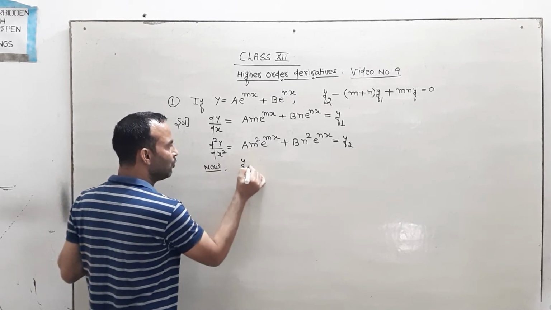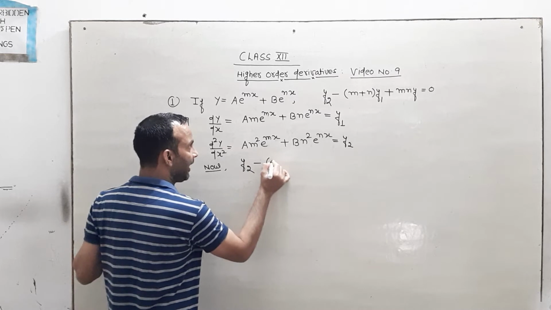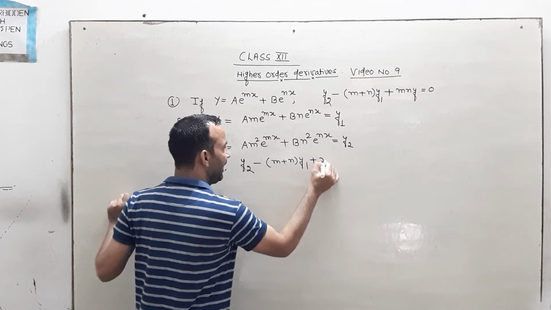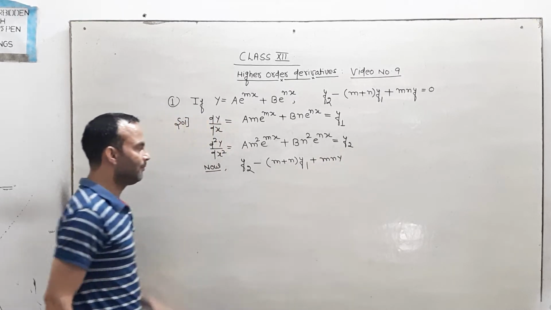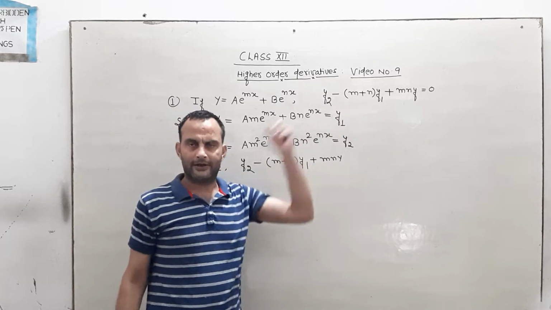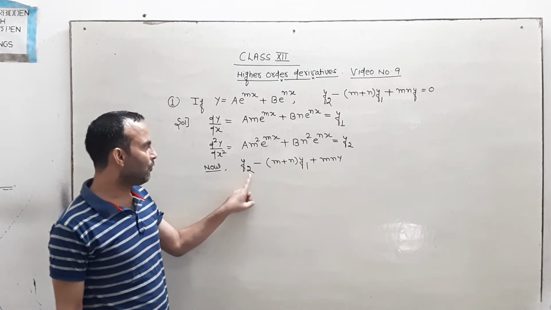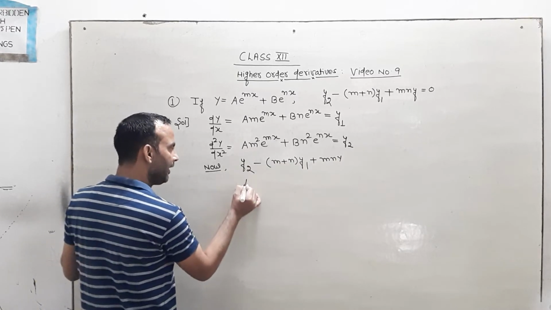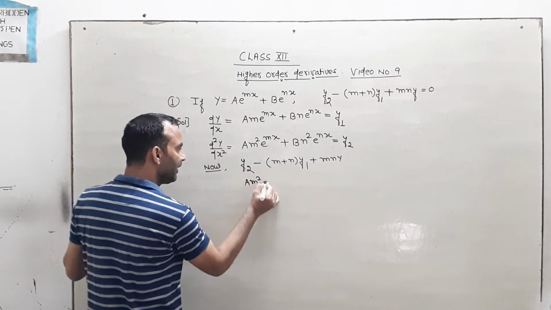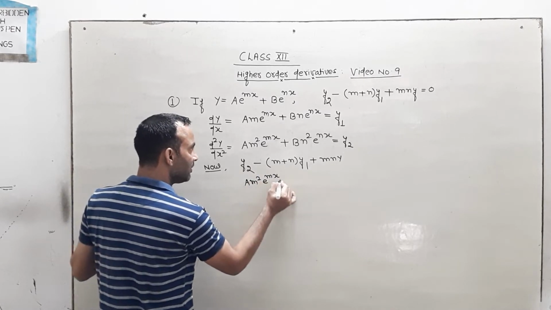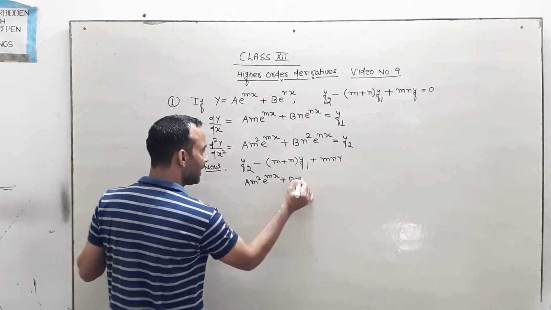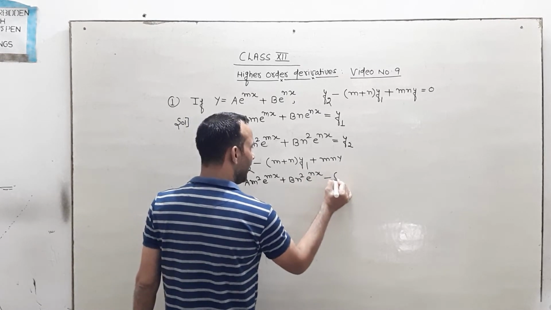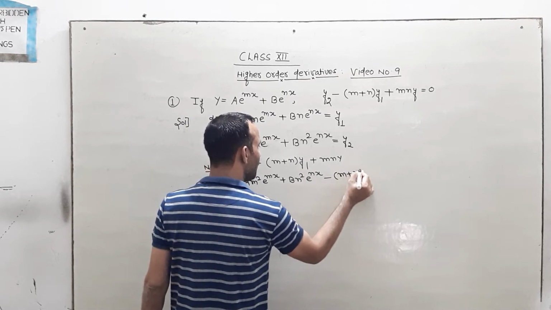Now y2 minus m plus n multiplied with y1 plus mn y is equal to 0. To prove it, my dear students, substitute the value of y2, y1 and y here. The value of y2 is a m square e raised to the power mx plus b n square e raised to the power nx, minus m plus n times of y1.